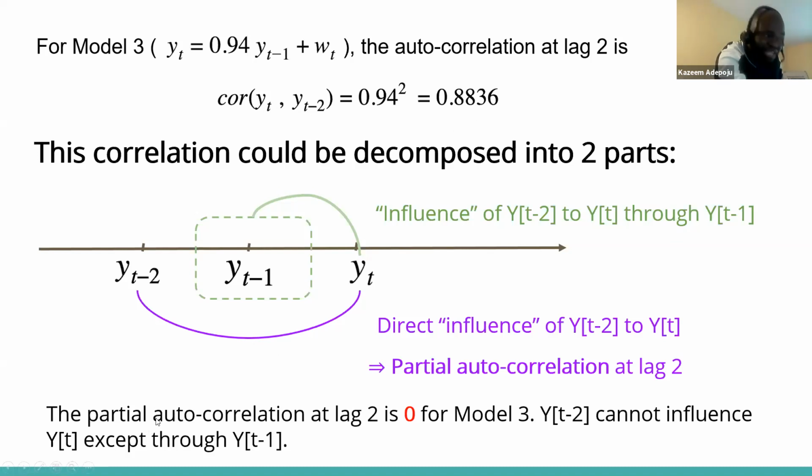The partial autocorrelation should actually be 0, because YT minus 2 cannot influence YT except through YT minus 1.